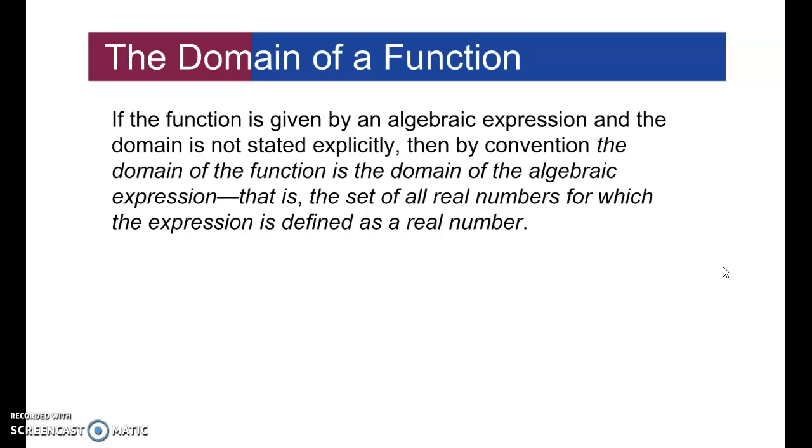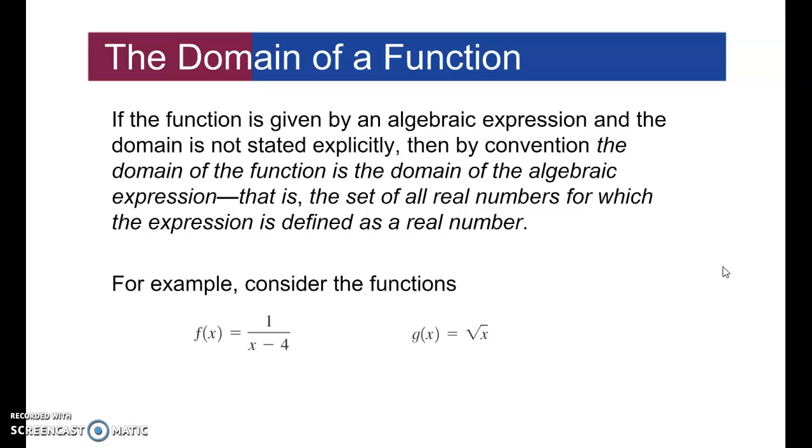Okay? So if your function is given by an algebraic expression like f of x equals x squared, and the domain is not stated explicitly like it was in the last example from 0 to 5, then what we generally do is plug in all possible values for x that can be evaluated using that rule. We're going to find that with some functions, there are some values of x that are not possible. For instance, look at this function f.